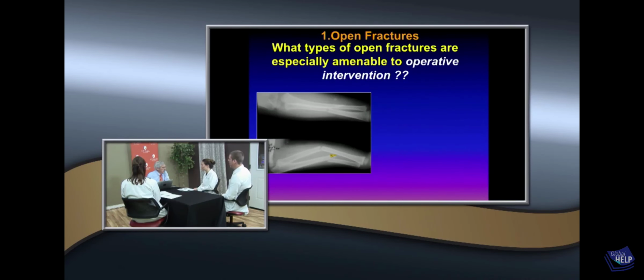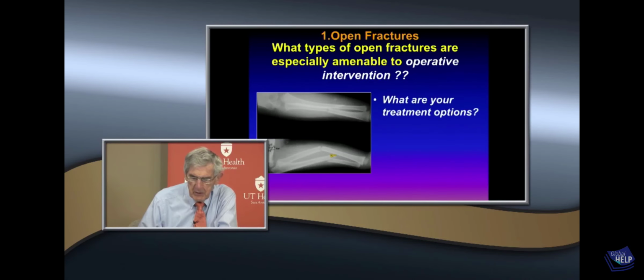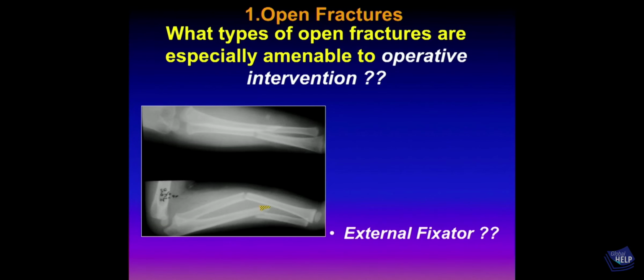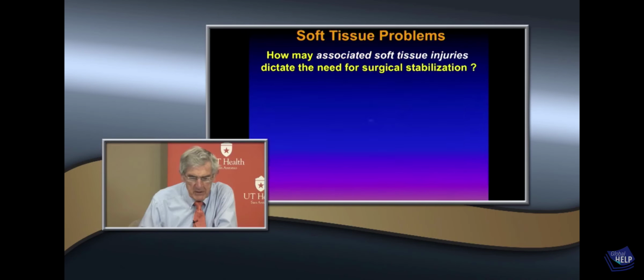It's hard if you need it. Yeah, it's really hard, that's right. So you got contamination, you debride it. Cross pins, years ago we did that. Intramedullary pins, plates and screws, or an external fixator. I'd probably go with the intramedullary nails. That's right, yeah. That's an easy way to stabilize it, intramedullary nails.